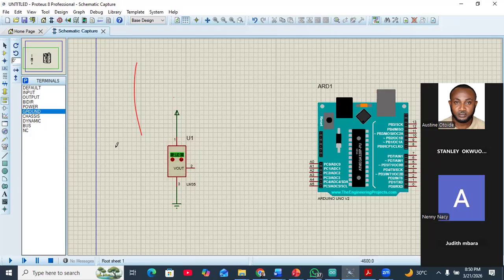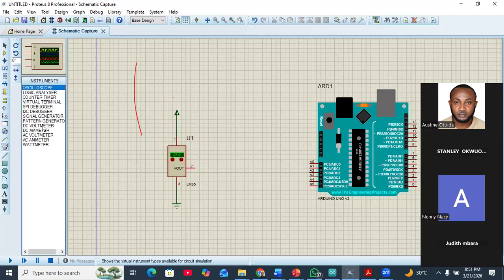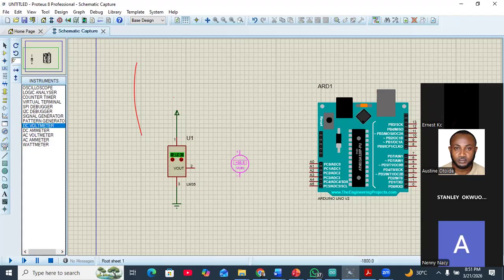Somebody should tell me, what can we use to check the output? We can actually use a voltmeter, a DC voltmeter, to check the output.